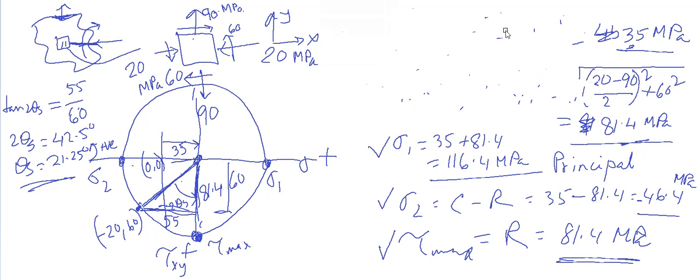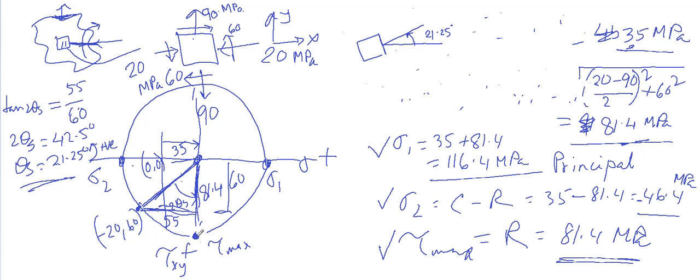Now, what we'll learn from here is that after this angle counterclockwise, we will find the maximum shear stress. Then draw. This was my line, and it will be counterclockwise. That means if I go here after counterclockwise 21.25 degrees, if I draw a cube over there, what about this stress?